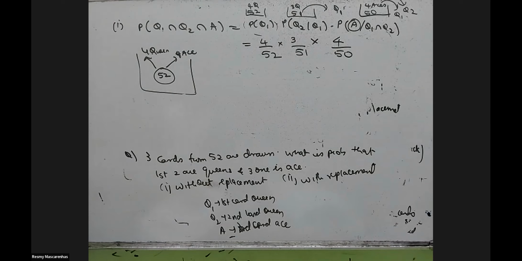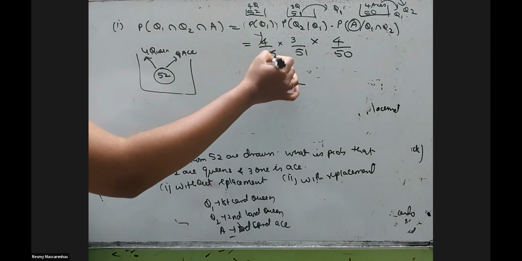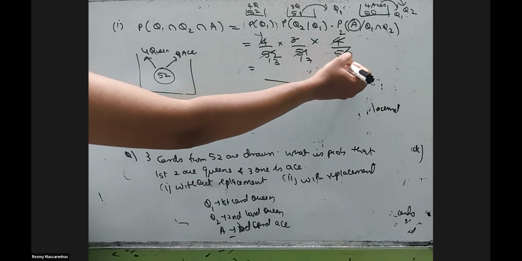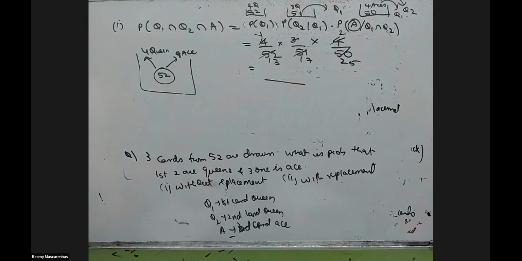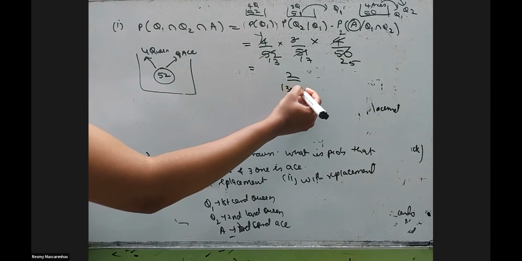When you go to pick the third card, how many options do you have? 4 aces will be there in the box, but cards, 50, because 2 queens are out. Those 2 cards you cannot take. Calculate and write down. So 2 upon 13, 17 into 20.